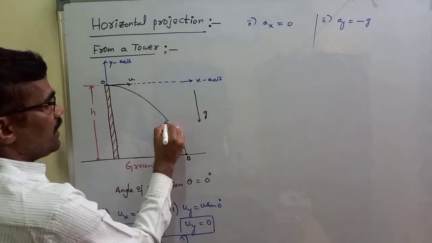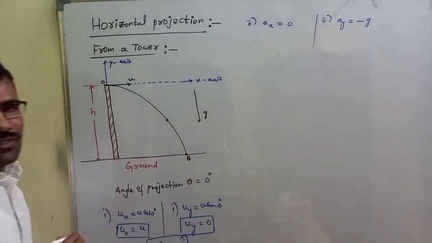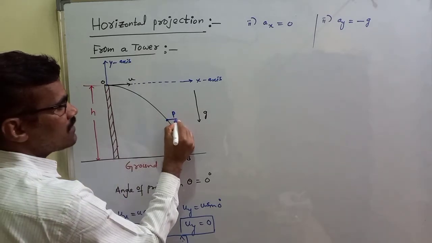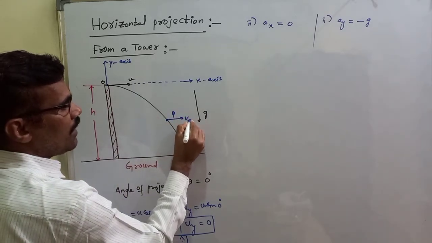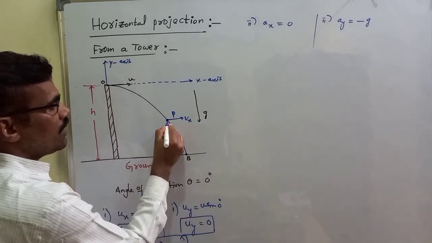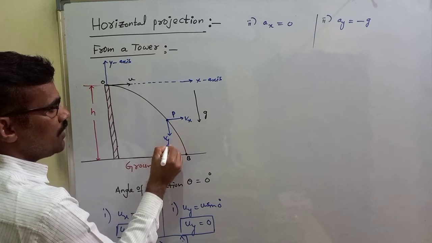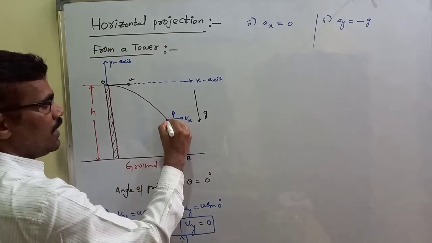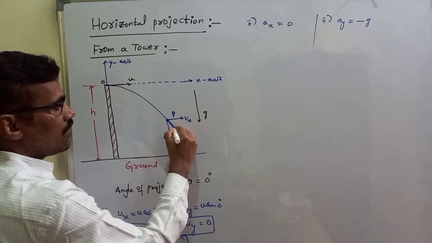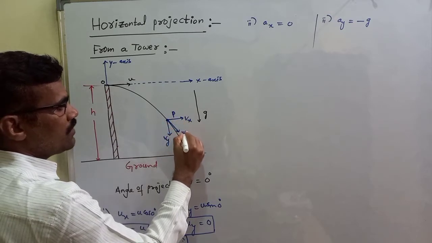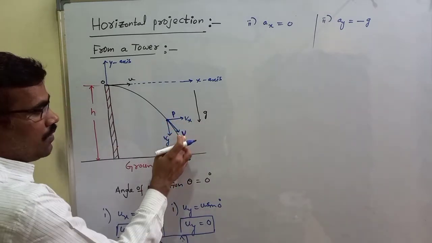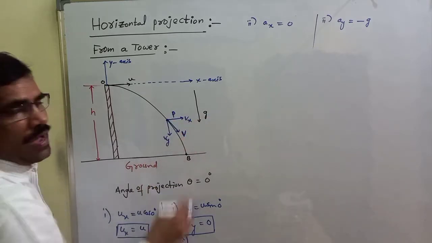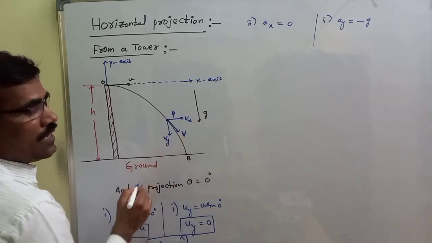Then after time t, it reaches point P. It has a horizontal component of velocity vx and a vertical component of velocity vy after t seconds. This is the magnitude of the velocity, v. vx is horizontal, vy is vertical. The magnitude of velocity at this point is v.